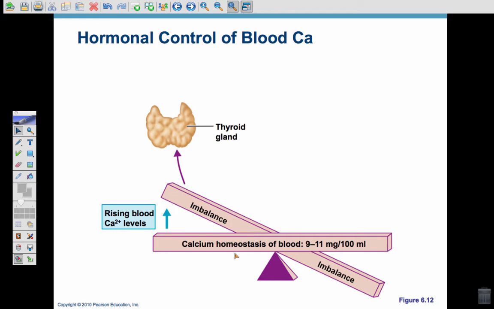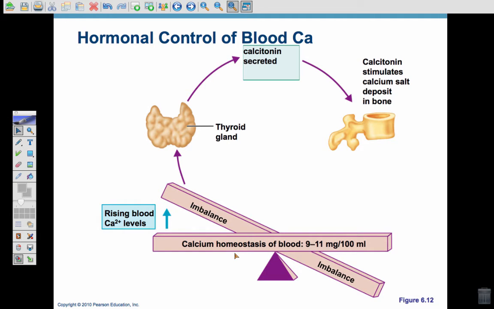So to the extent that calcitonin is involved at all, it could respond to rising blood calcium levels and help to stimulate the deposition of bone. There is some of that effect. It just may not be enough to truly participate effectively in regulating homeostasis in the way that's illustrated here.